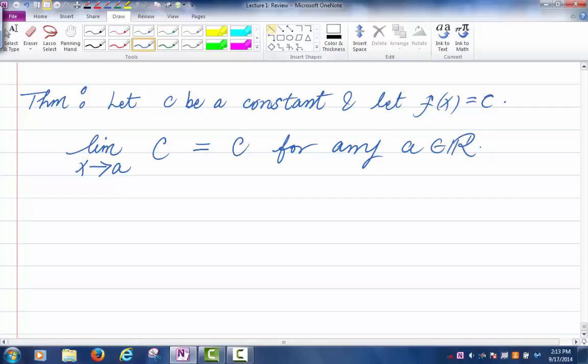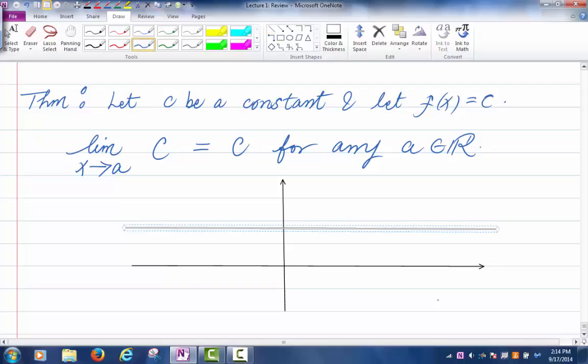Well, the reason is pretty clear, but let me again sketch the graph of this guy. So if c is positive, the graph would be like what? It will be a horizontal line like this, right? So this is the line y equals c. So if c is positive, the graph will look like this.